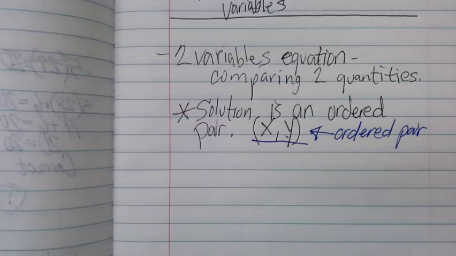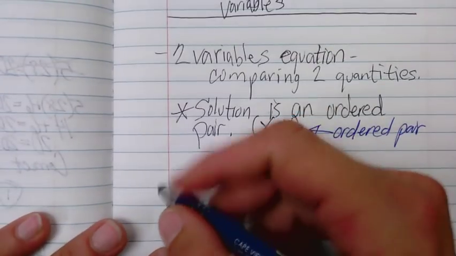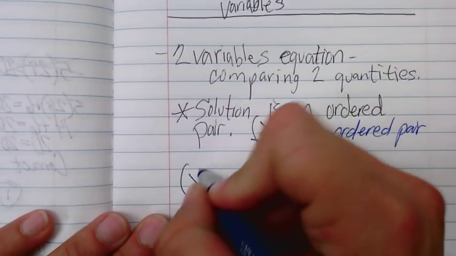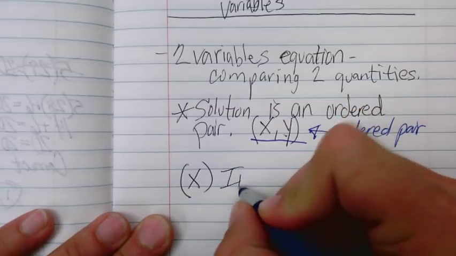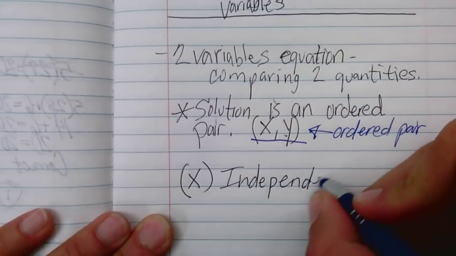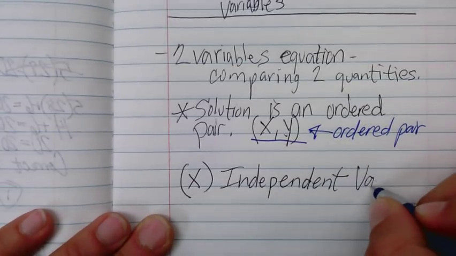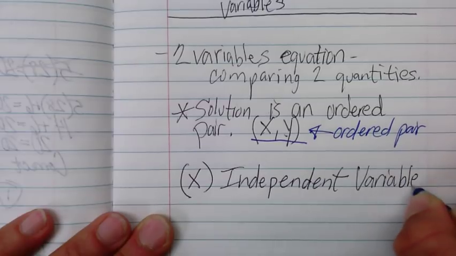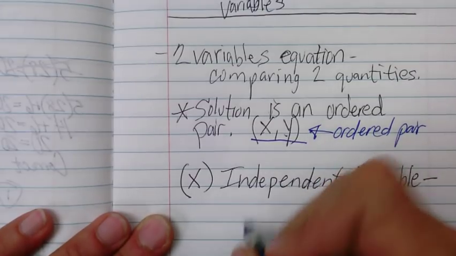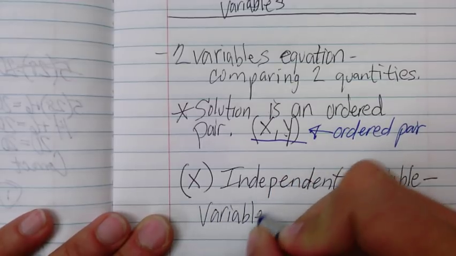It's going to change every time. It's going to change by $5. So an independent variable changes freely and is usually your X point. So independent. Think about independent. If you want independence, you want to do things on your own, right? So an independent variable is a variable that changes freely.